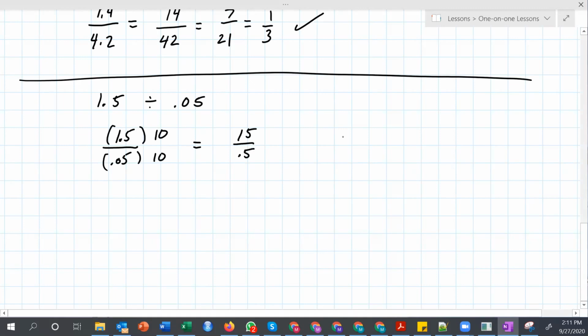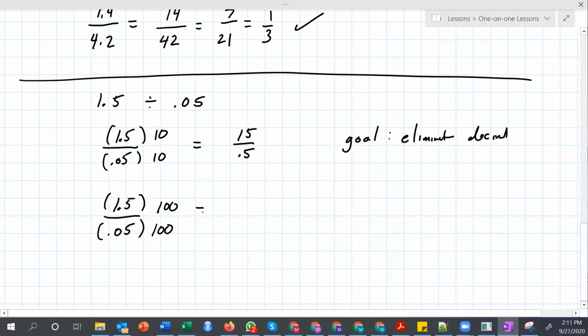The goal was to eliminate the decimal, so you have to choose a number that, when you multiply the top and bottom by it, gets rid of the decimal. If I multiply the top and bottom by 100, that becomes 150 over 5. And that's preferred.